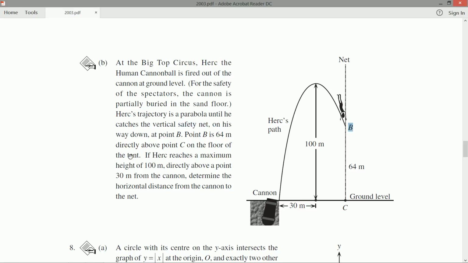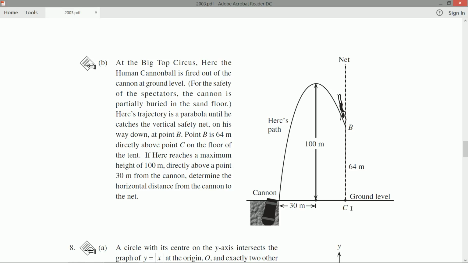Point B is 64 meters directly above point C on the floor of the tent. If Herc reaches a maximum height of 100 meters, which they kindly have labeled for us here, directly above a point 30 meters from the cannon, determine the horizontal distance from the cannon to the net. So we want cannon to this point C. Okay.